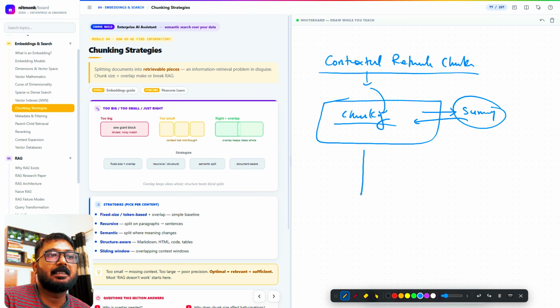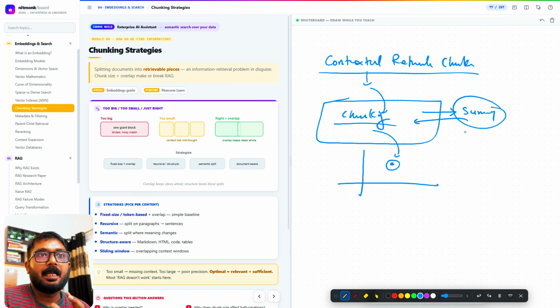So basically in the vector space, two things go at the same time. A chunk of that content goes, and a summary of that chunk goes, and that gets indexed, so that whenever you search, these vectors with the summary get closer in hyperdimensional space, and the theta becomes closer. You get near to one value, and then you return it. That is contextual retrieval. This is given by Anthropic.